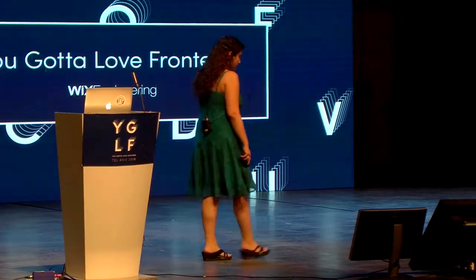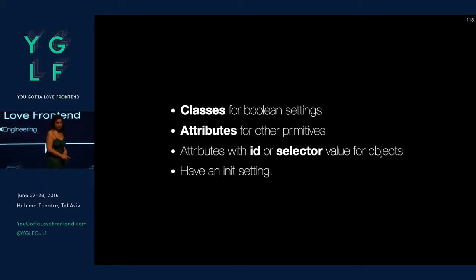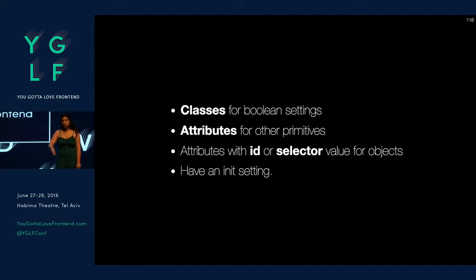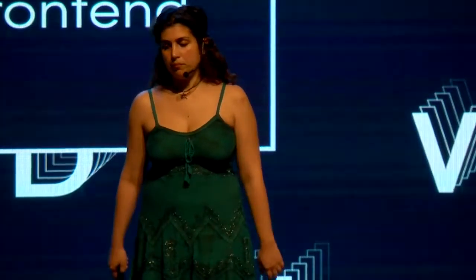And a few guidelines for providing HTML APIs for your libraries. Accept classes for Boolean settings, like if something is on or off, you can check if a class is there. Attributes for other primitives, like strings, numbers, you can have data attributes.